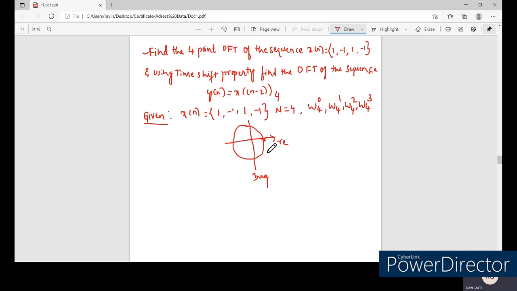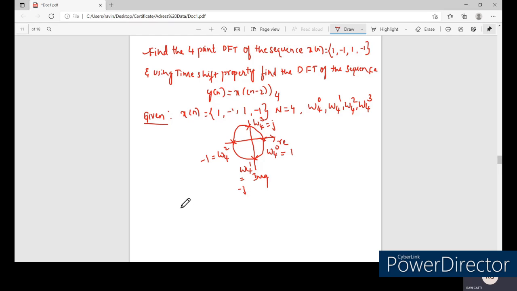At this point you get omega 4 power 0, here omega 4 power 1, here omega 4 power 2, and here omega 4 power 3. Since it is the real axis, this will be 1, the radius is 1, this will be minus j, this will be minus 1, and this will be plus j.